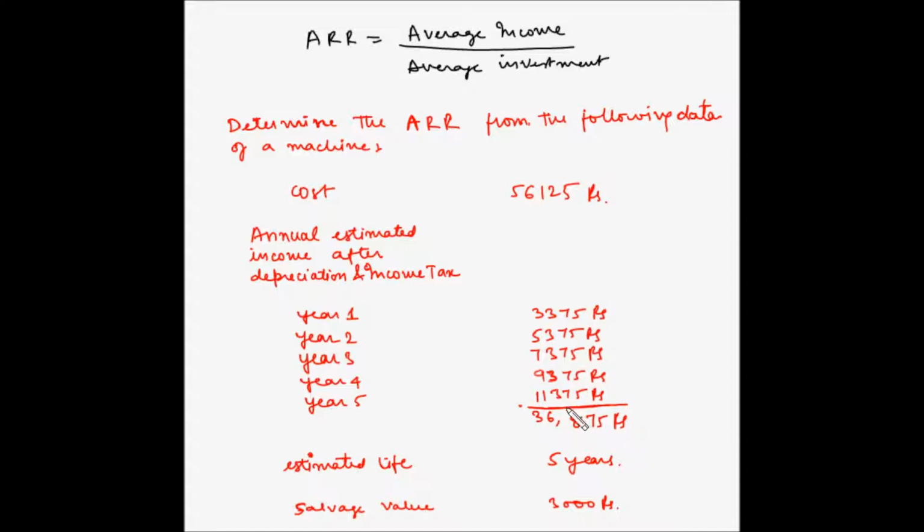So the total of the cash inflows for the 5 years is 36,875 rupees. Now it is expected that this machine can be used only for 5 years, after which it will be sold as scrap. And when it is sold as scrap, the estimated amount or the salvage value is 3,000 rupees.